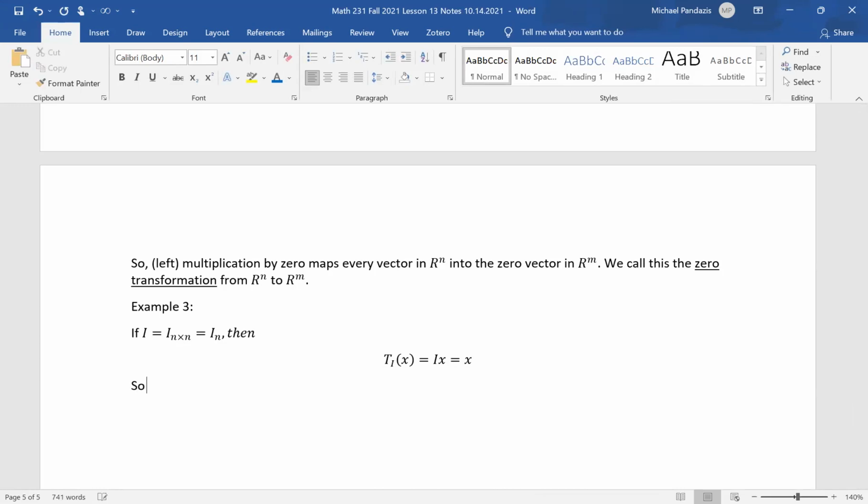Okay, and so multiplication by I, and I still mean left multiplication. So left multiplication by I maps every vector in Rn to itself.